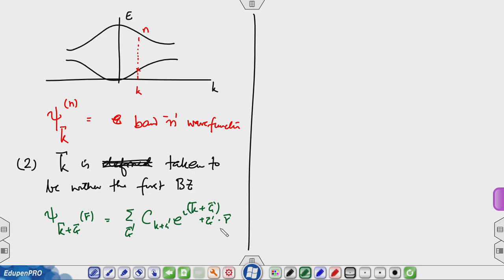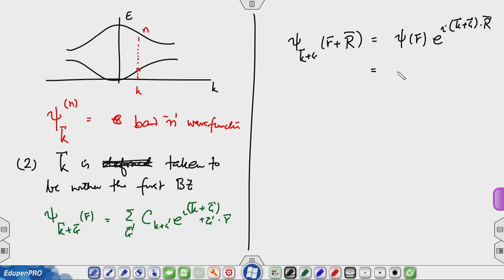I can always shift G, it does not really matter. This G prime is a dummy variable. So, I can start anywhere. More importantly, if I take psi_{k plus G}(r plus R), this will be equal to again psi(r) times e raised to i (k plus G) dot R, but e raised to i G dot R is 1. So, this is again going to be e raised to i k dot R psi(r), because e raised to i G dot R is equal to 1.